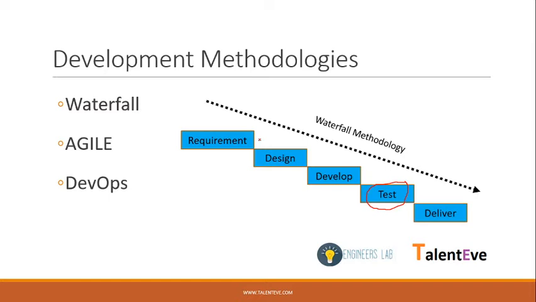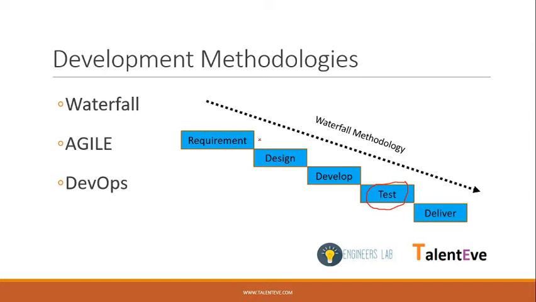Now the second methodology is Agile, where speed is the primary criterion, and there is a well-defined framework that is followed by developers worldwide, where they use the Agile framework for their projects.